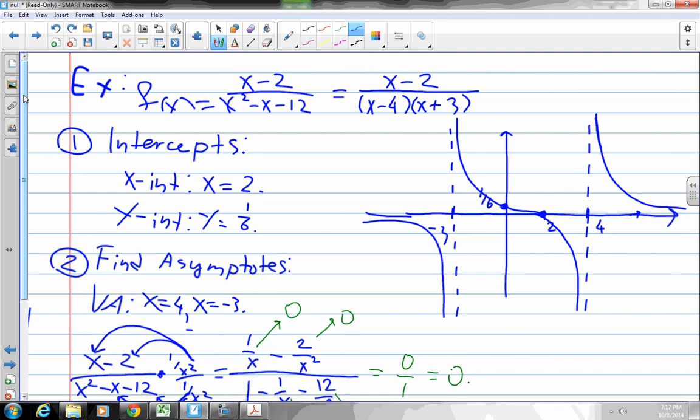Negative divided by negative times a negative is negative. Therefore, we're going to be below the x-axis. And then pick a number to the right of +4. 7. 7 minus 2 is positive. 7 minus 4 is positive. 7 plus 3 is positive. Overall, positive. So above the x-axis.